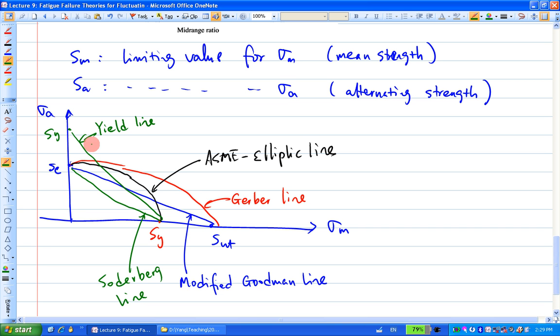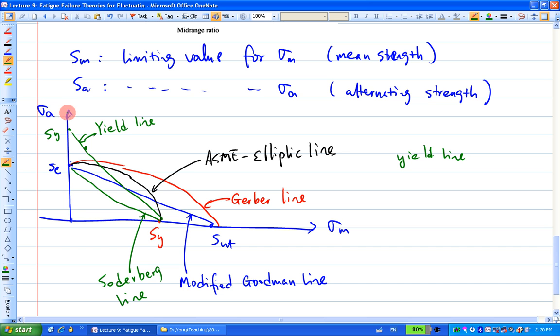So why is this line called a yield line? This is actually very easy to explain. If you pick any point on this line, what is the equation for the yield line? It's a straight line, right? What's the straight line equation?